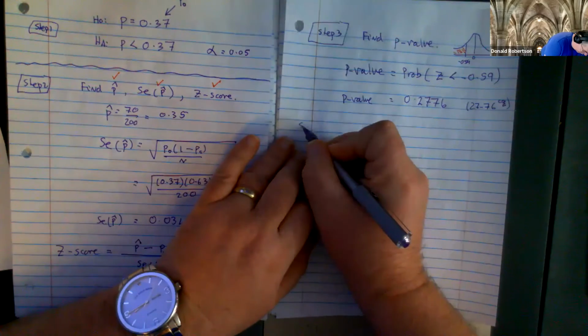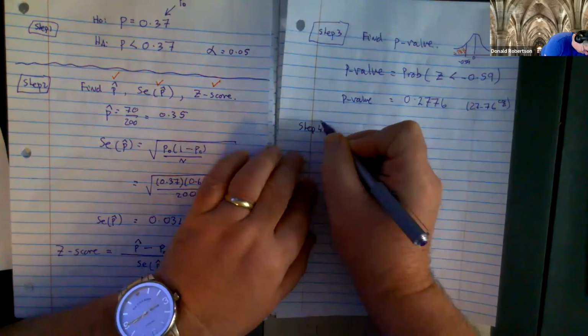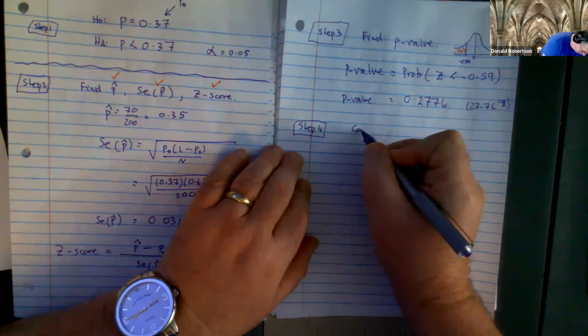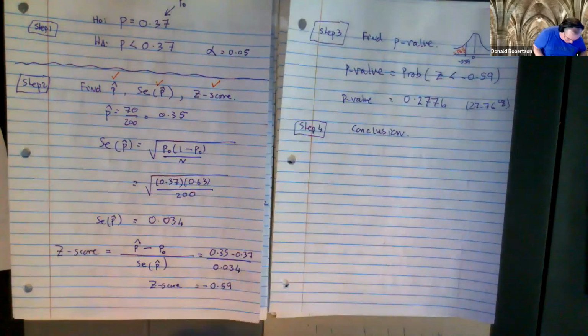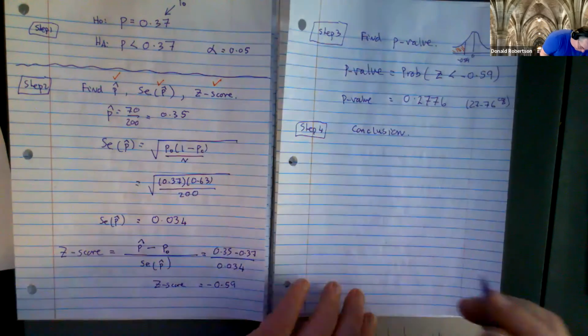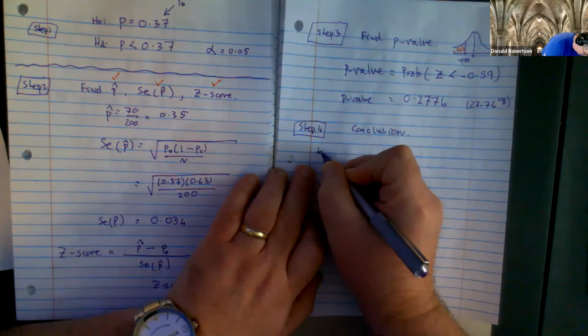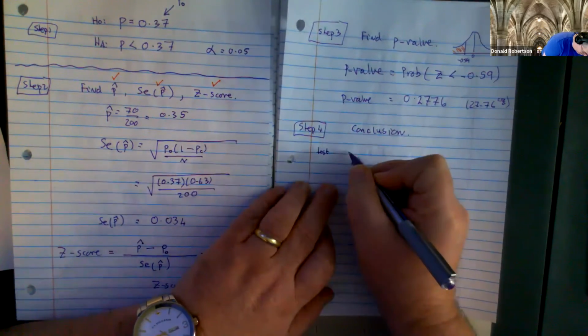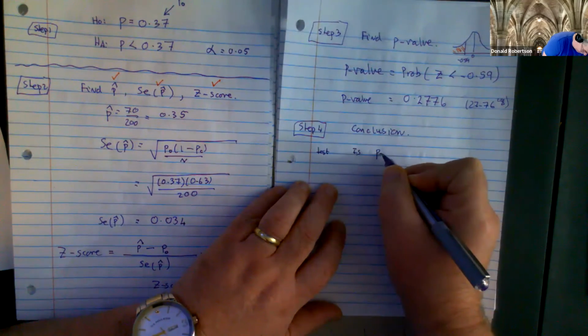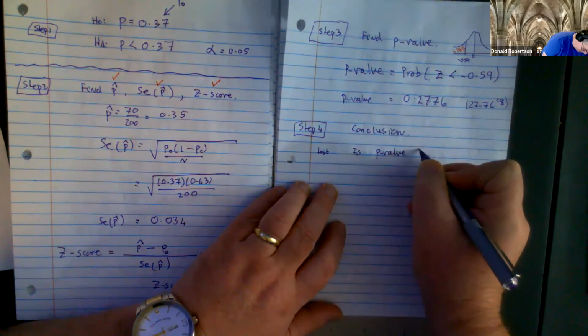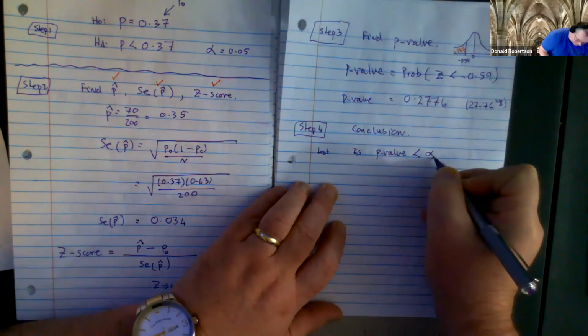So our final step, step 4. Our conclusion. And this is how, again, it's a bit lawyerish, but this is how it's done. You do a test and you say, is the p-value that we got less than the significance level?